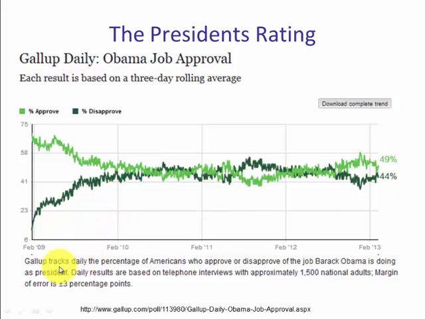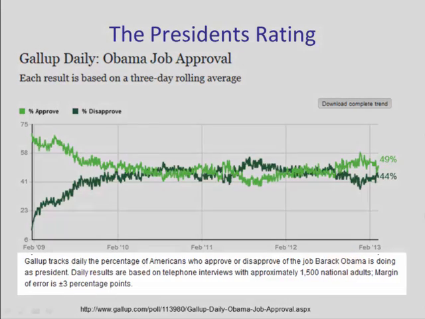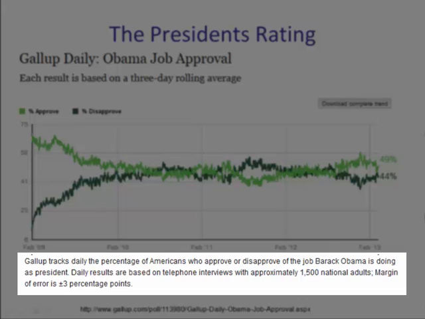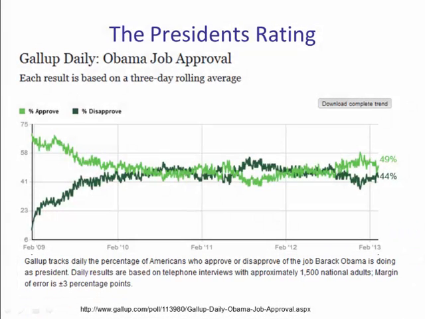Now Gallup tracks daily the percentage of Americans who approve or disapprove of the job Barack Obama is doing as president. These are based upon telephone interviews with approximately 1,500 national adults. Margin of error is plus or minus 3 percentage points. So we'll talk about margin of error a little bit in this video and in future videos.